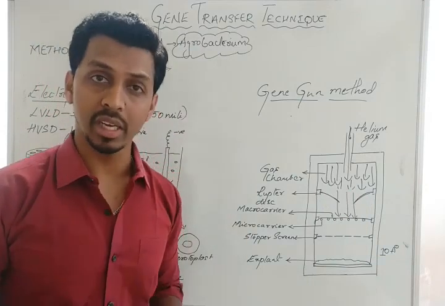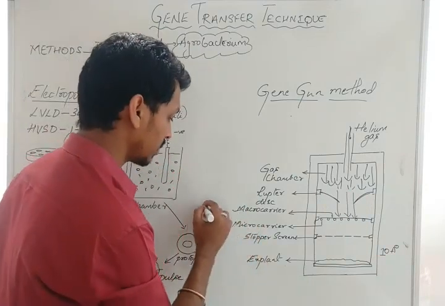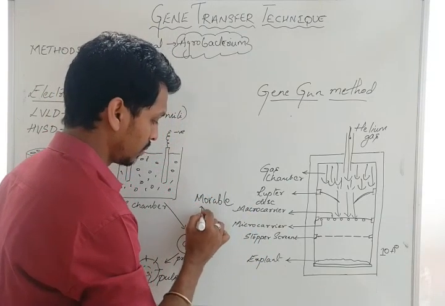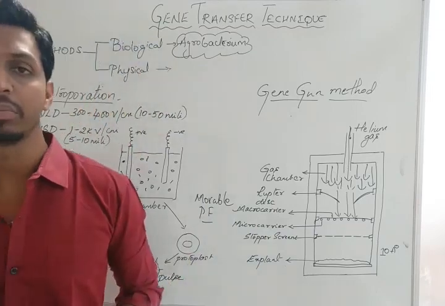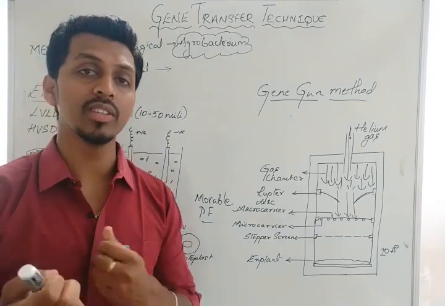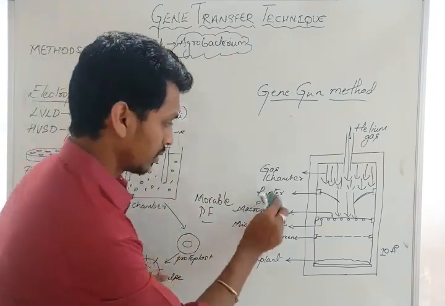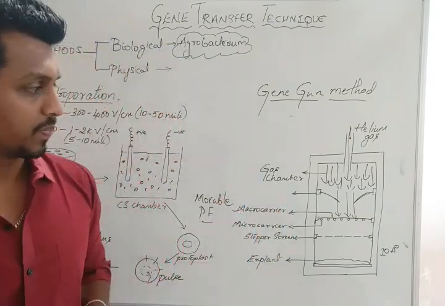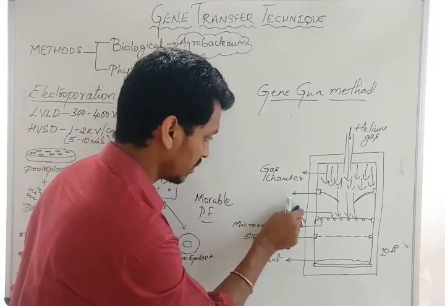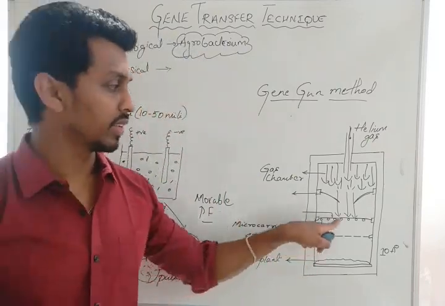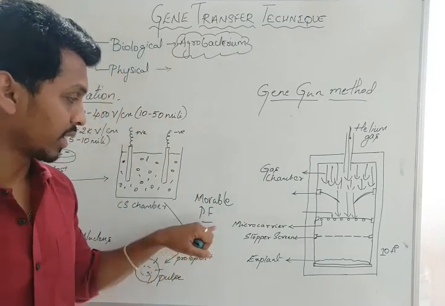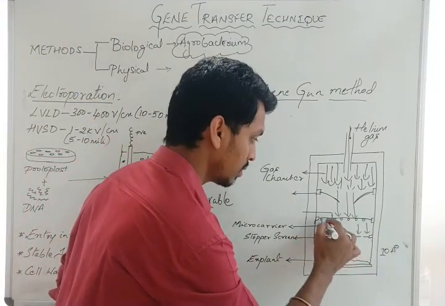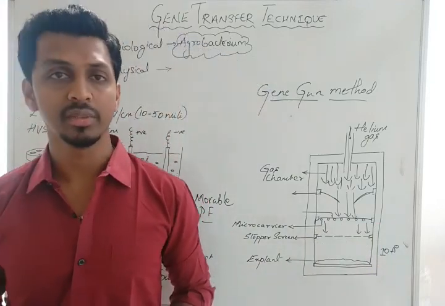Once it strikes the macrocarrier, which is a movable platform, what is the importance of this movement? Once the gas falls onto this macrocarrier, it will start moving in this particular direction.